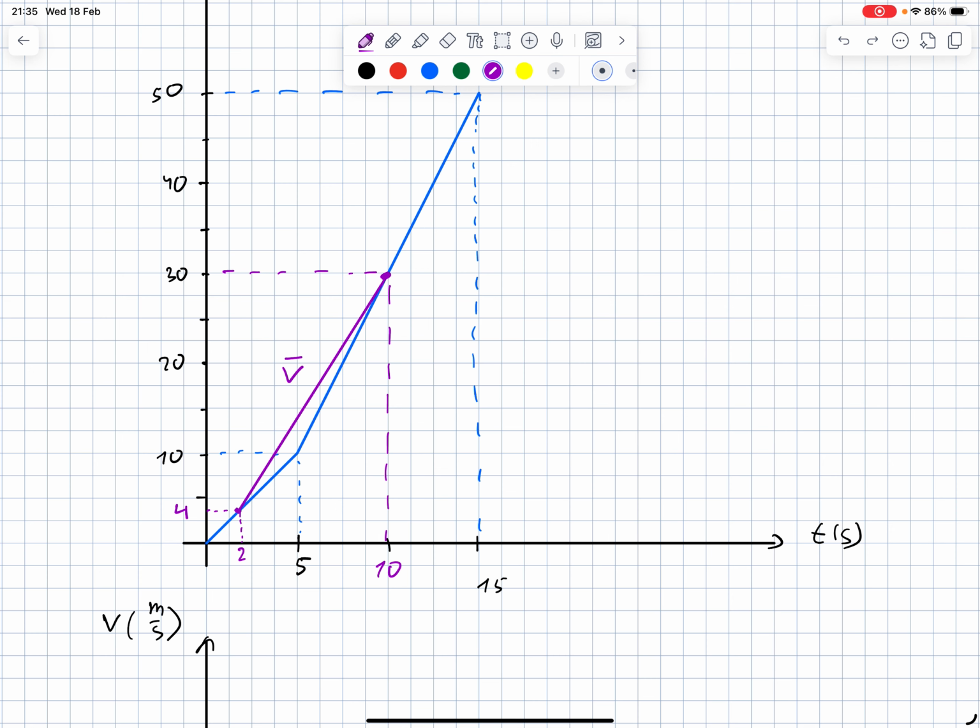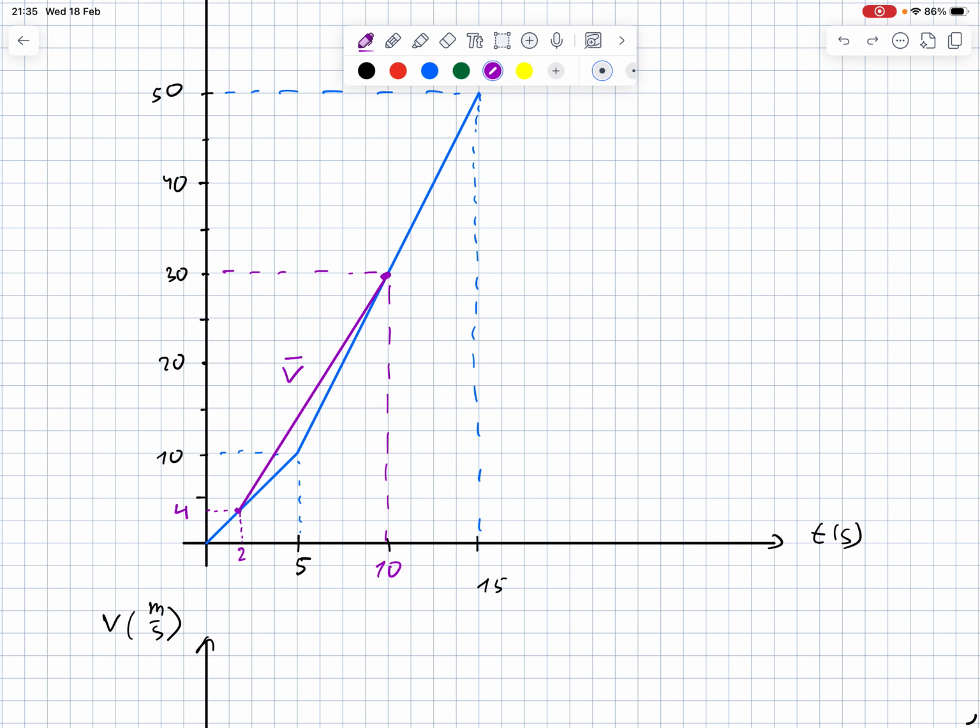In our case, when initial time equals 2, the initial position was 4. When final time was 10 seconds, final position was 30 meters. And you just draw a straight line between those two coordinates. And this slope is actually the average velocity.